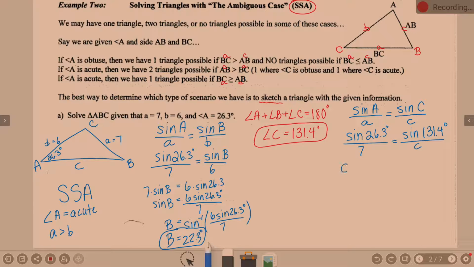So cross products, C times sine of 26.3 degrees is going to be 7 times sine of 131.4 degrees. Solve for C. So 7 sine 131.4 degrees divided by sine of 26.3 degrees.